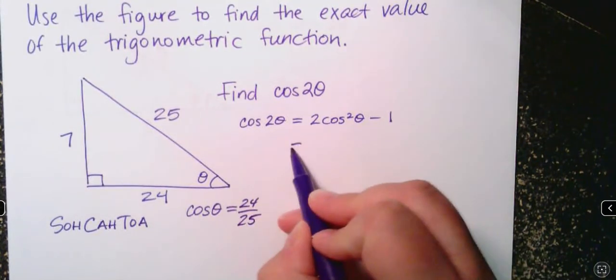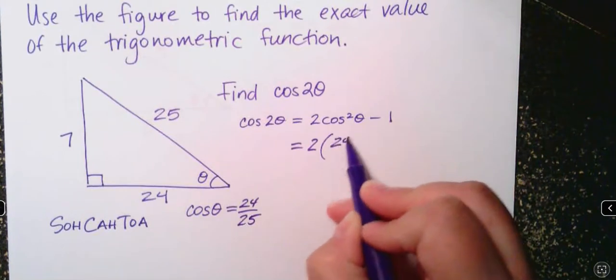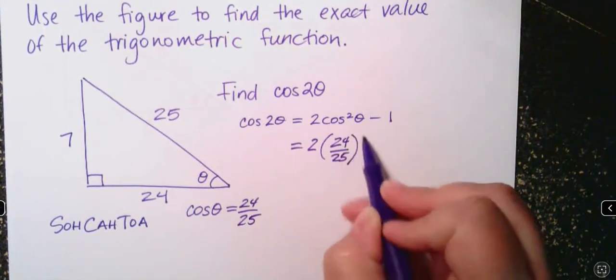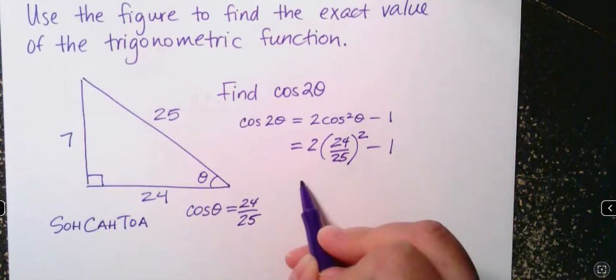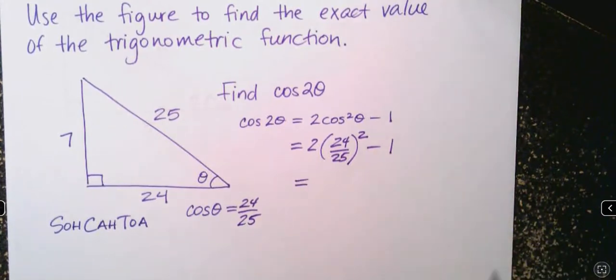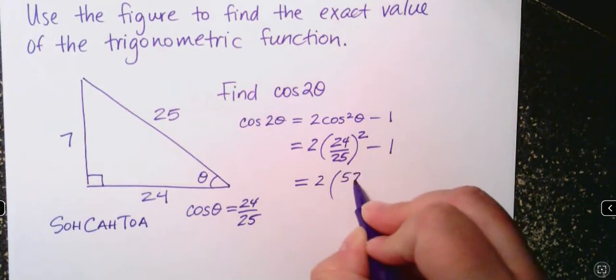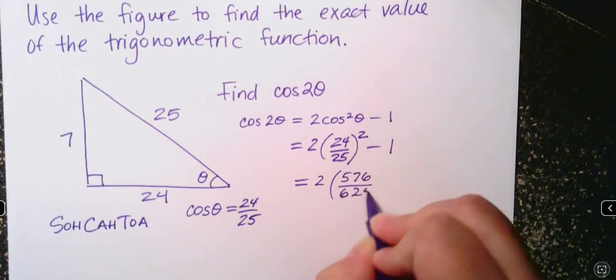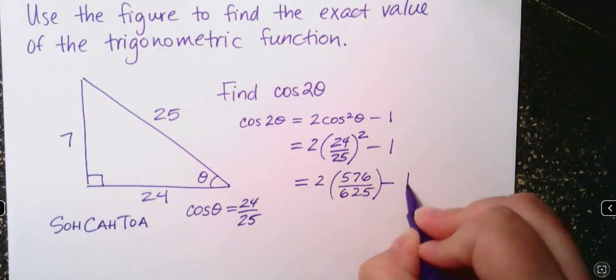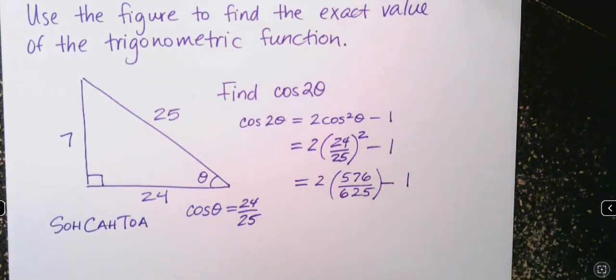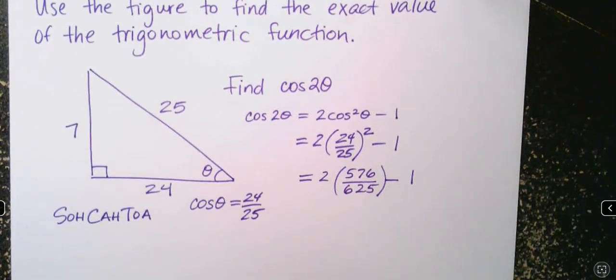Okay, so this now becomes 2 times 24/25 squared, all minus 1. If we square that, I think it's 576. Let's see, 24 squared. It is. Okay, so this is 2 times 576 over 625, all minus 1. I'm going to go ahead and put everything in terms of fractions with a denominator of 625 because I have to have a common denominator to add or subtract fractions.